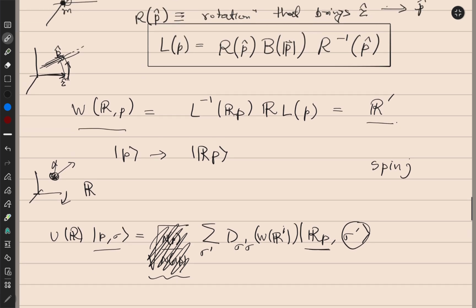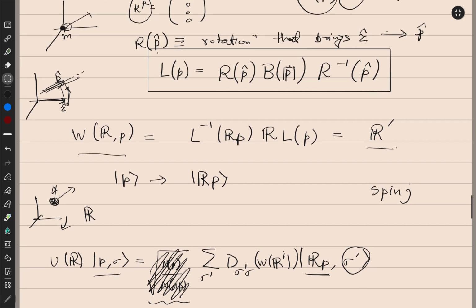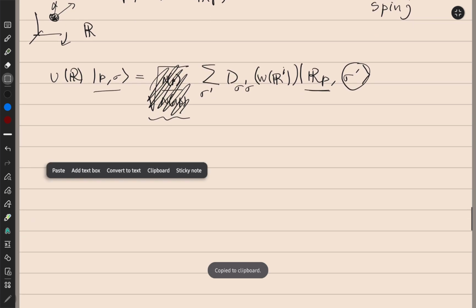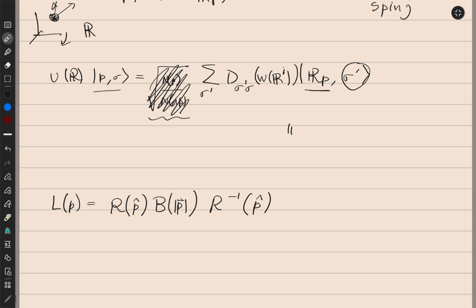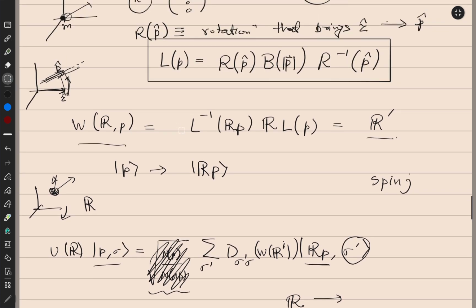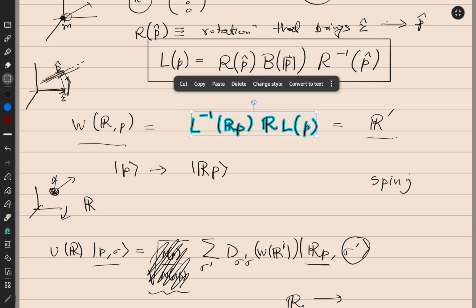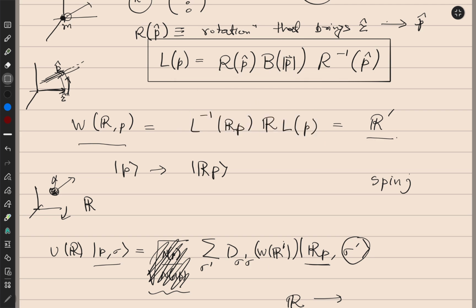So yeah, since we saw that the general boost is this one, first rotate the coordinate. So there are two R's here, right? This R is an arbitrary rotation of the laboratory frame, let's say. This R, the thing that I'm calling R prime, is the result of the little group rotation, which is defined through this corresponding composition of different transformations.